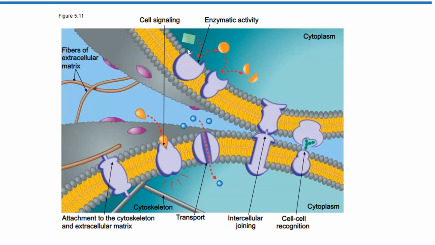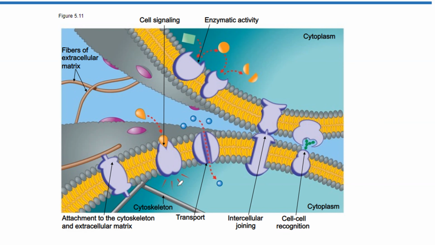So on this diagram, you can see different types of proteins and their functions. A protein over here is called a transmembrane protein because it goes across this phospholipid bilayer, and it's also an integral protein.